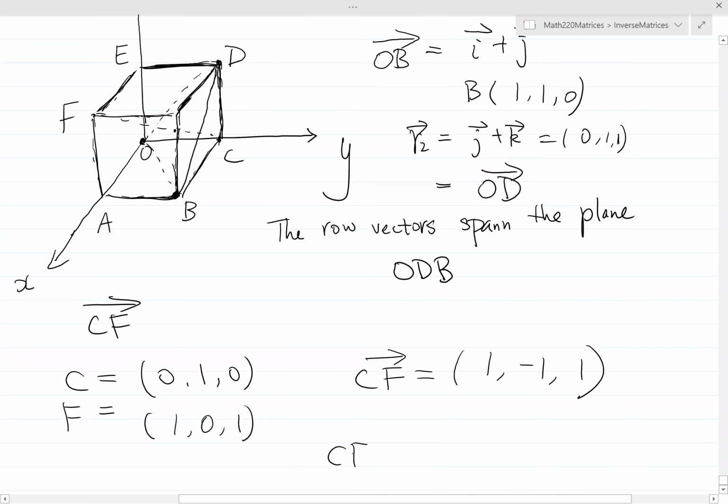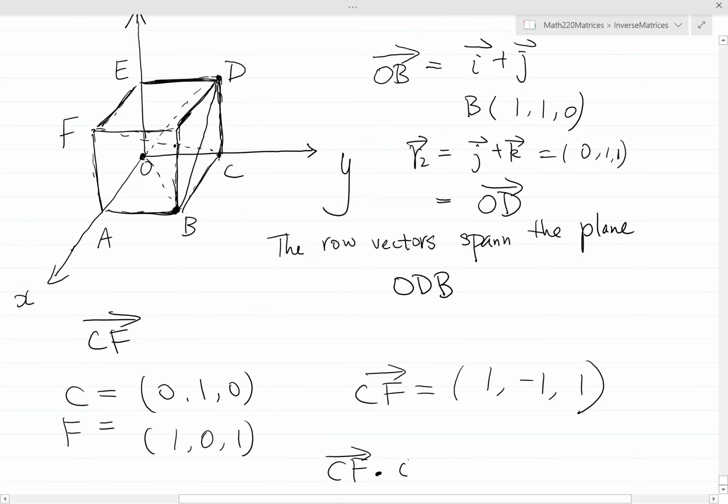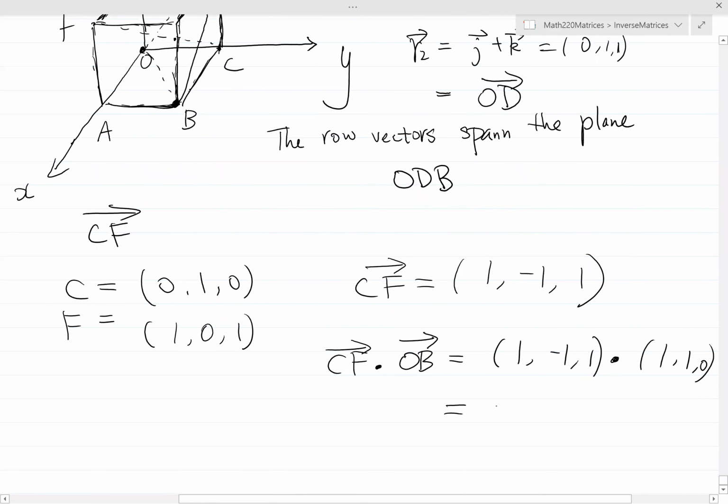CF dot row 1, where row 1 is OB, is 1, negative 1, 1 dot 1, 1, 0. We get 1 times 1 plus negative 1 times 1 plus 1 times 0, which is 0. So CF is perpendicular to OB.